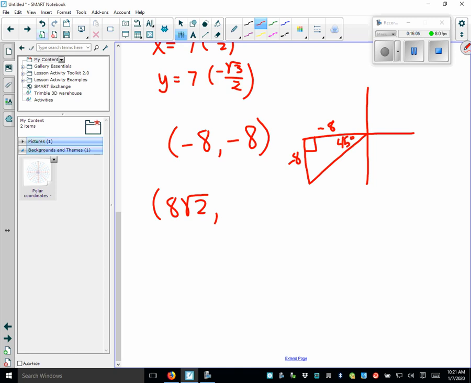Add, not subtract. Because this would be pi over 4 in radians. 5 pi over 4, which is 225. Good with that? Okay, we graphed. We went from polar to rectangular and rectangular to polar. That is all on the first page.